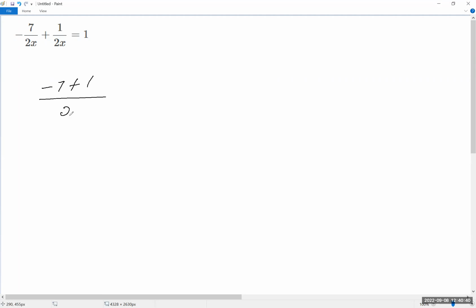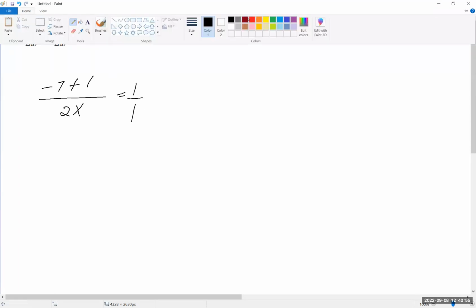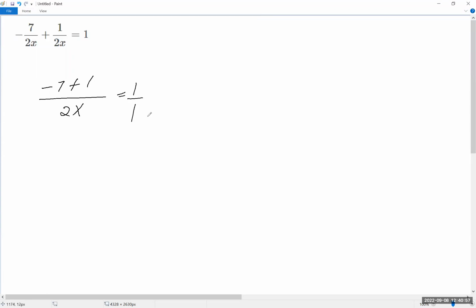So we can just combine them all under one. And then I'm going to write this as 1 over 1, because I'm going with the quickest method, which is I can cross multiply.